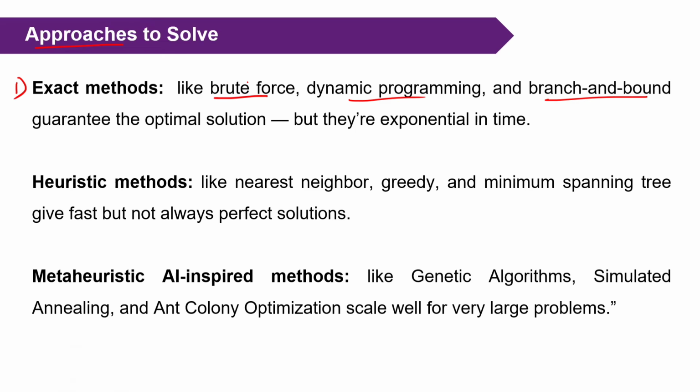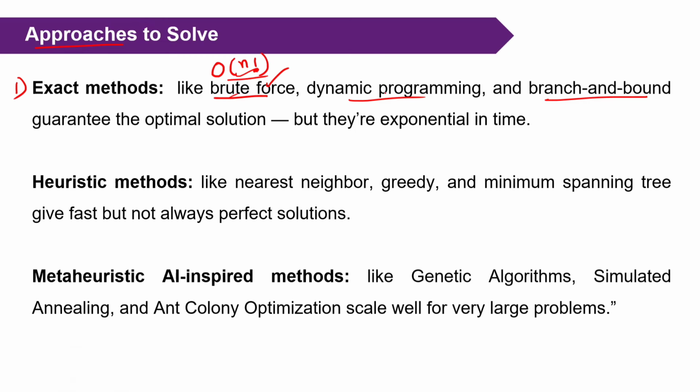Suppose we come to the brute force approach. We try all possible tours, that means we take permutations of all the cities. What is the main problem? The time complexity is big O of n factorial. It is practical only for a small set of cities, suppose 5 to 10 cities only.